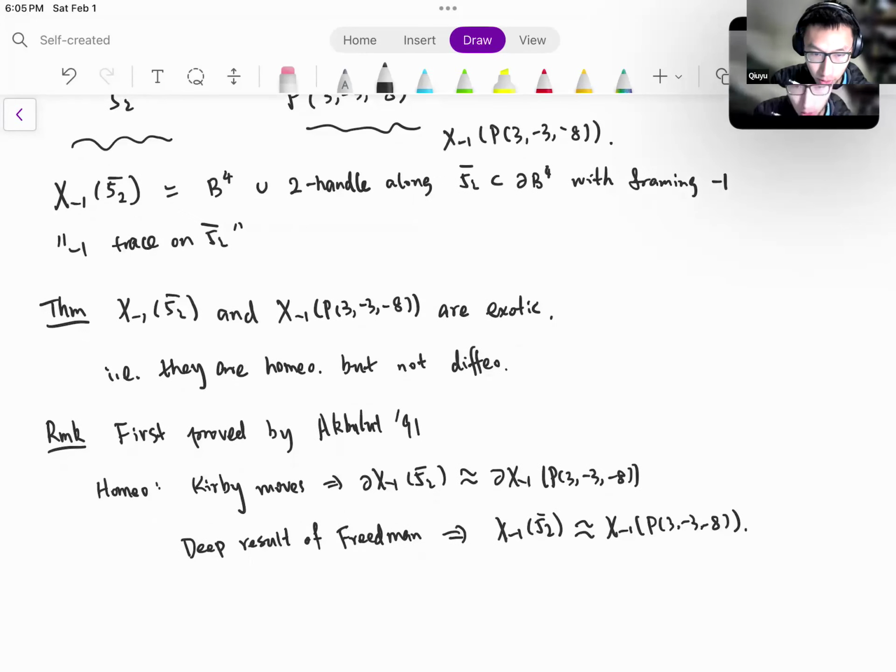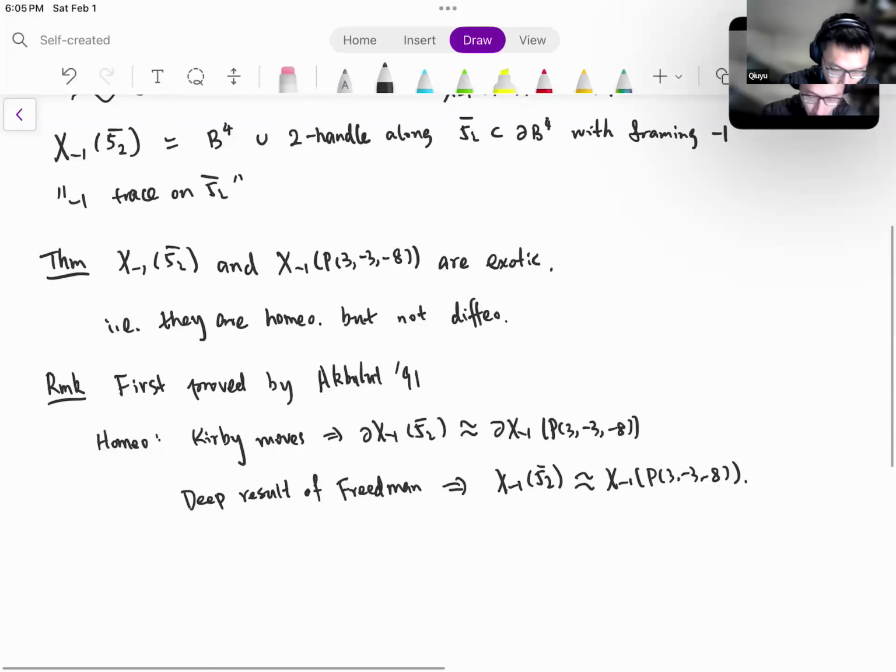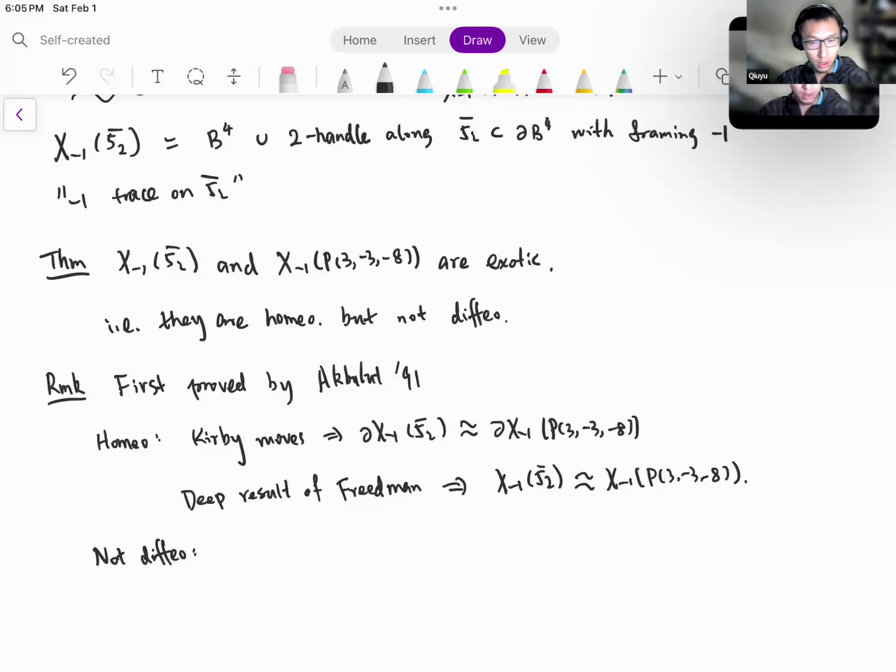By now, I think this homeomorphic part of the statement is standard, if you are willing to assume this deep black box by Freedman. However, the other part of the statement, that the two four-manifolds are not diffeomorphic, is often the more interesting part.